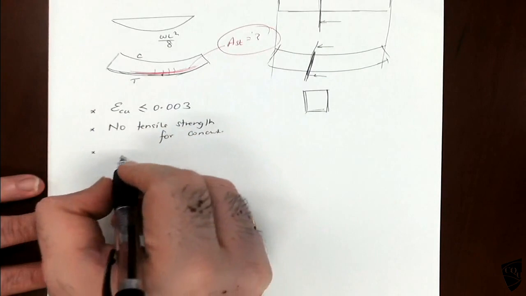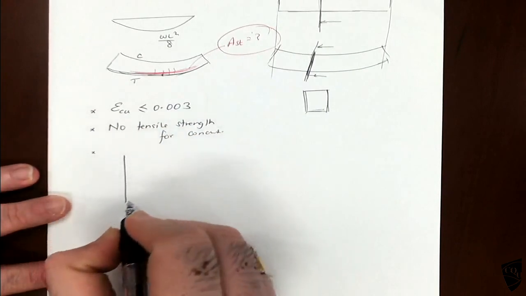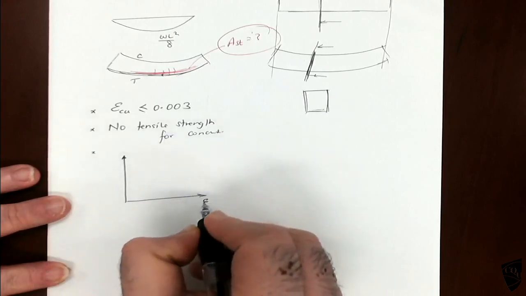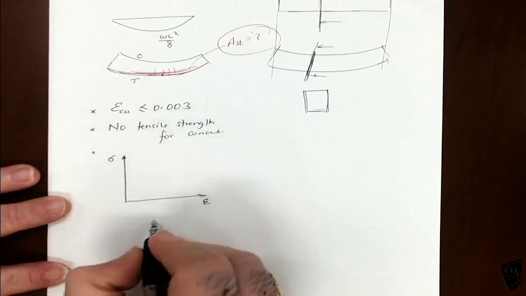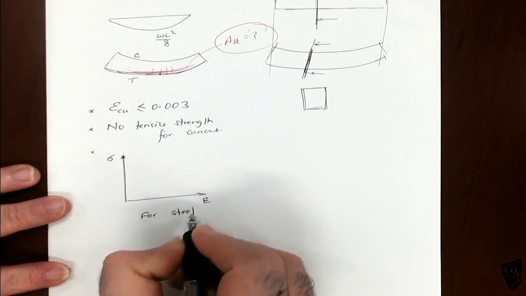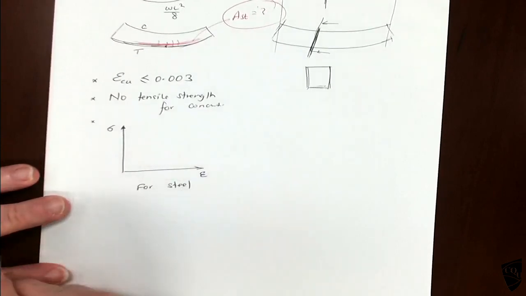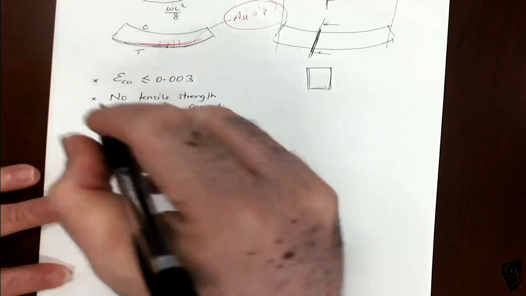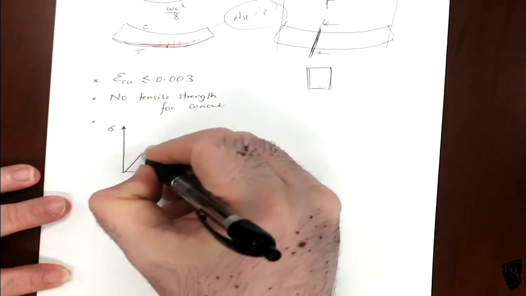The steel reaches the yielding point. That means if you look at the steel stress strain relationship, this is for steel. How is the stress strain relationship? First, elastic.